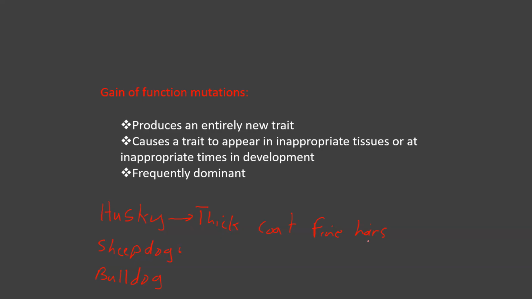No. Anybody? Okay, Blessing said no. All right, here's the thing. It would still be a gain of function, right? But the function would be negative. It would be a net negative to the animal, okay?